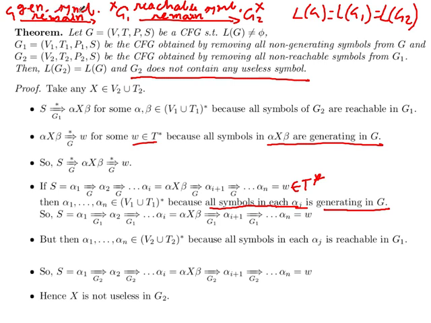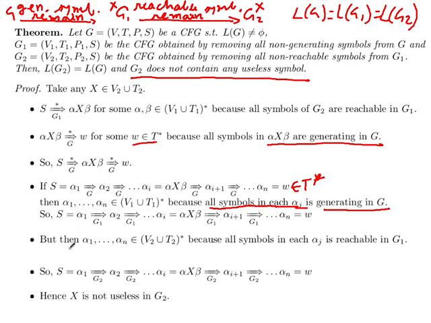The generating symbols remain. So all those things will also be in G1. So we have the same derivation in G1 also. I have just replaced G with G1 to denote that this derivation is also a derivation in G1, where all the alpha i's and W and S are the same.